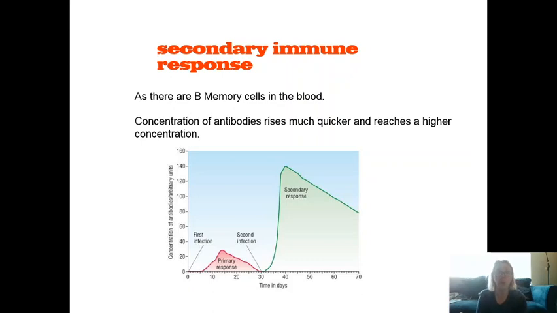So we've already got the memory cells in our blood, and those can differentiate straight into B plasma cells and start producing antibodies straight away. They'll also divide by mitosis, but it means that we can get a much higher concentration of antibodies, which rises much quicker, so we can fight off that infection before we actually get any symptoms.